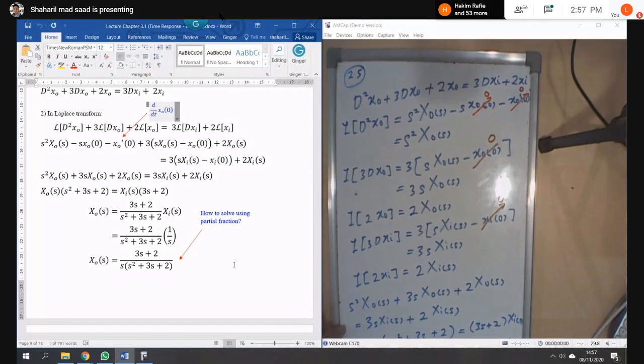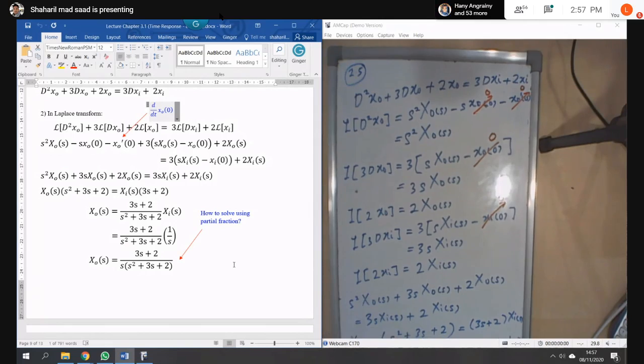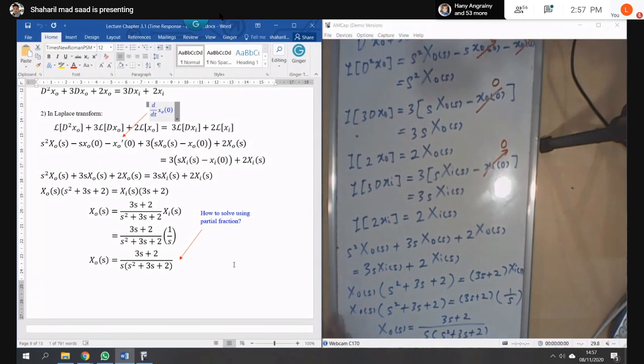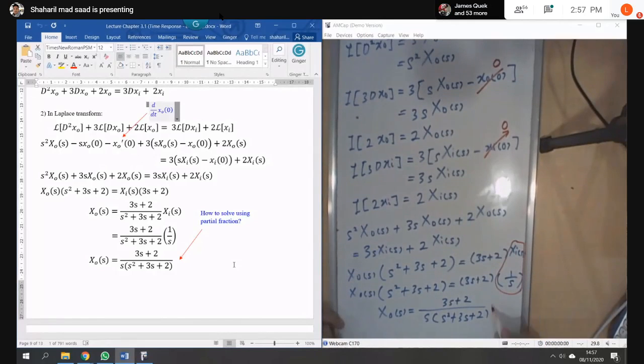When you combine it, try to bring the output to the left and the input to the right. Then you apply the input. Normally it gives you the step input. Then you got this kind of equation.